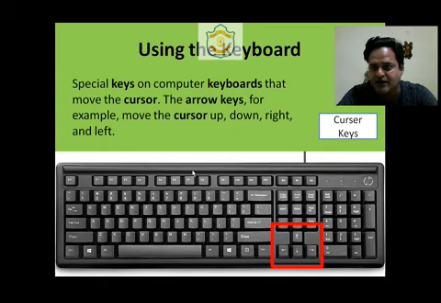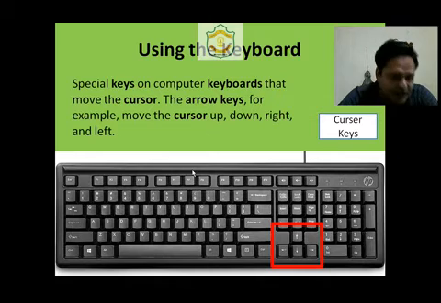Now these are cursor keys. These are used to move our cursor. If we are typing something, then the exact place where we are typing is moved using these keys. These are also known as directional keys.